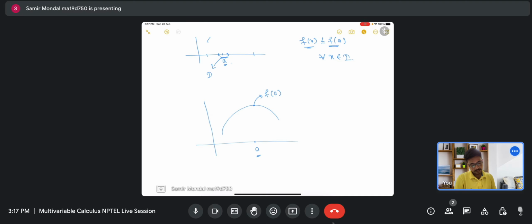When the functional value at some point A is a local maxima, we can observe that from the left side the function is increasing, and on the right side it is decreasing.